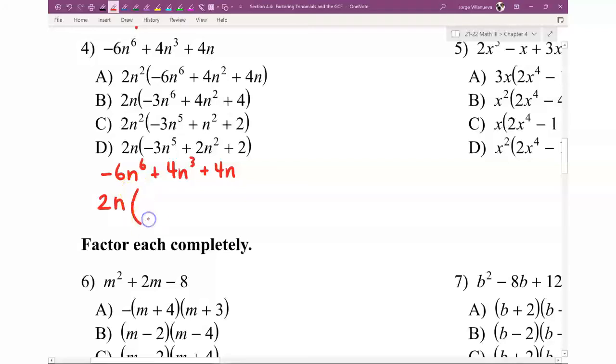And then I'm going to start my parenthesis. Now, if I take out a 2n from the negative 6n to the 6th, let's worry about it in terms of numbers first. If I get negative 6 and I factor out a 2, what do I get? Negative 3. And then if I get n to the 6th and I take away one of the n's, what's left?